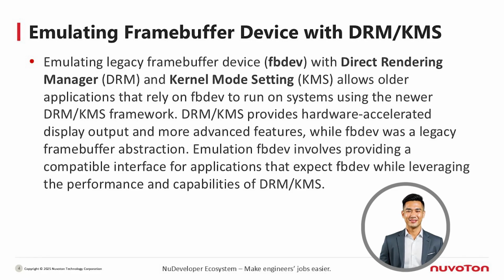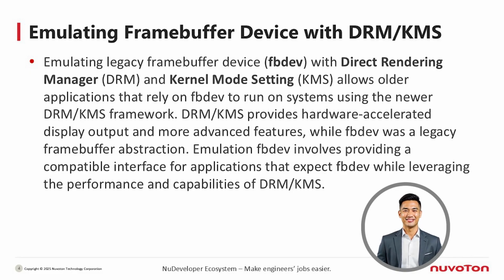To ensure maximum compatibility of the Linux DRM and KMS driver, DRM and KMS provide the capability to emulate a Framebuffer device. Emulating a legacy Framebuffer device with the Direct Rendering Manager, DRM, and kernel mode setting, KMS, allows older applications that rely on FBDEV to run on systems using the newer DRM and KMS framework.